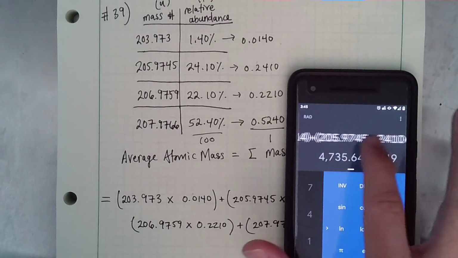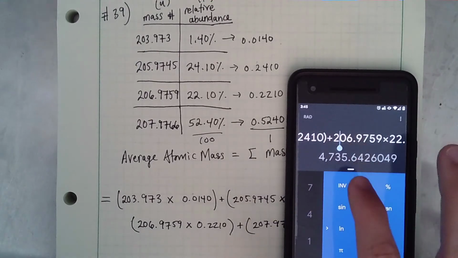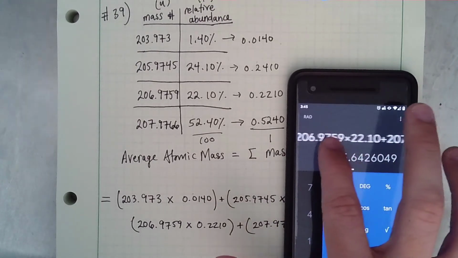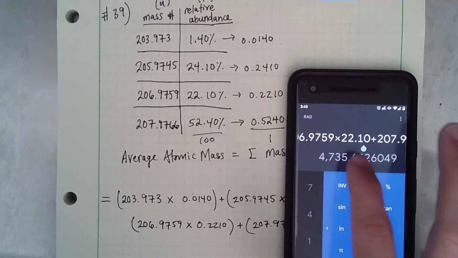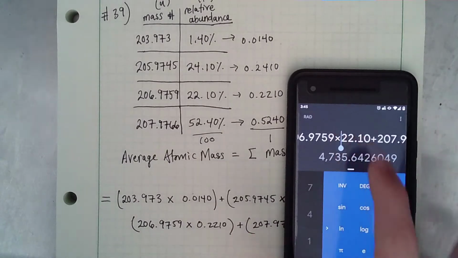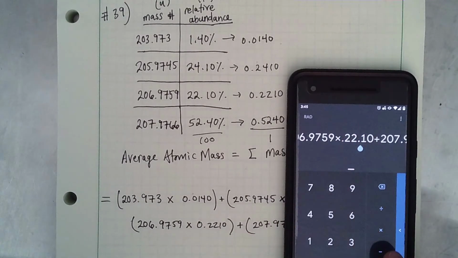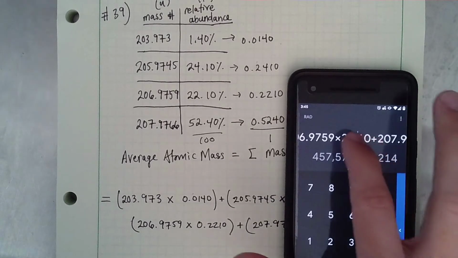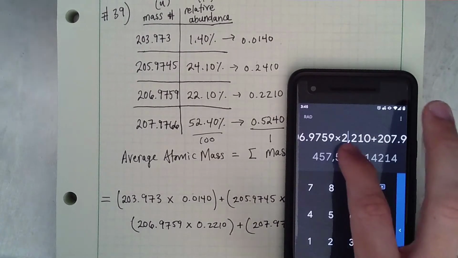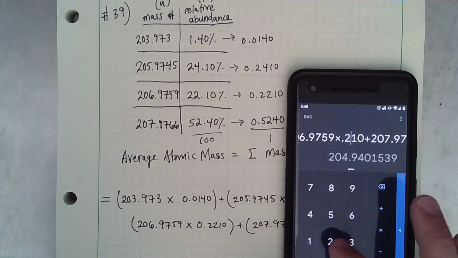Not that it should change anything, but it might help me notice where I've gone wrong. Oh, here we go. This is where I went wrong. I entered in 22.10. Okay, that needs to be 0.2210. Oh, wait a second. Goodness gracious. 0.2210. There we go.